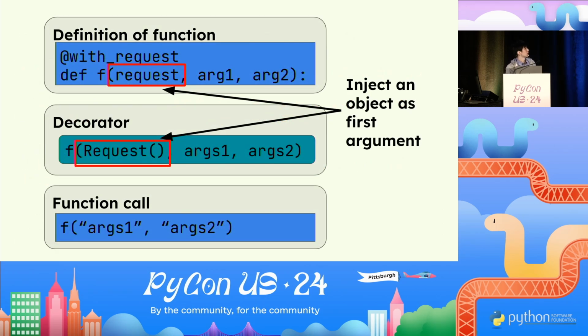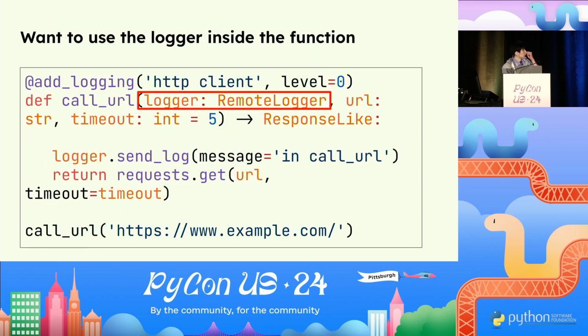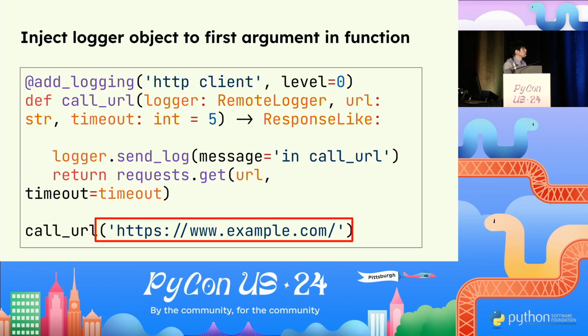This is the diagram. The decorator injects an object as the first argument with its type, and the callable side doesn't need this request. How do we use it? Sometimes we need a logger in the function like this, with additional information to send to the server, and we can call the function without the logger.